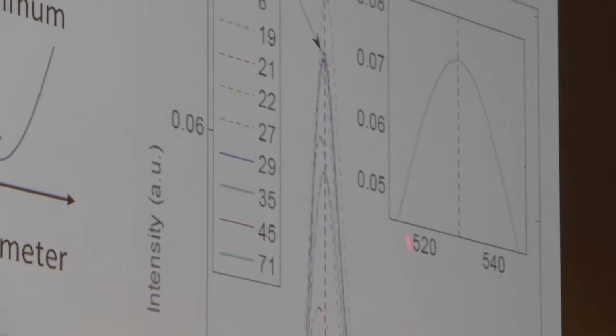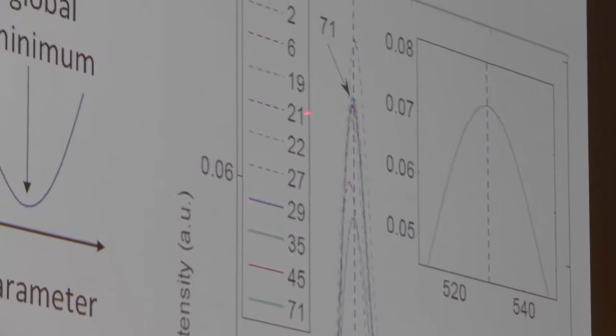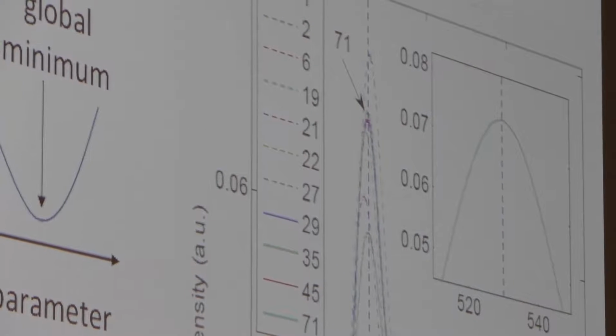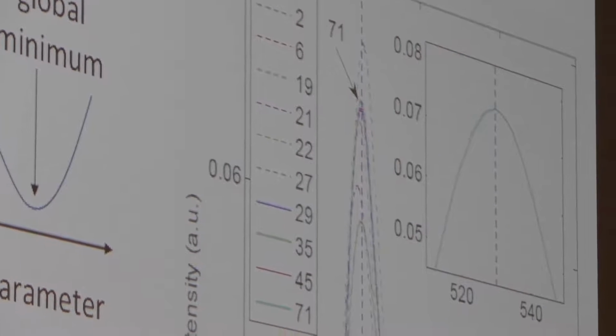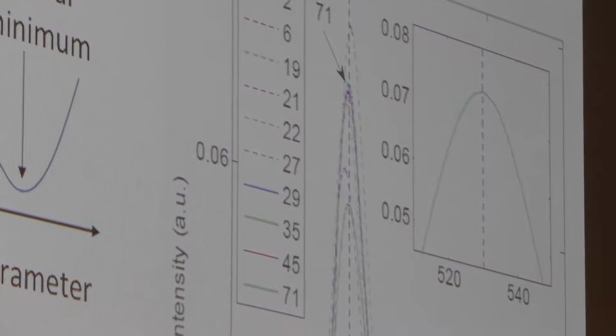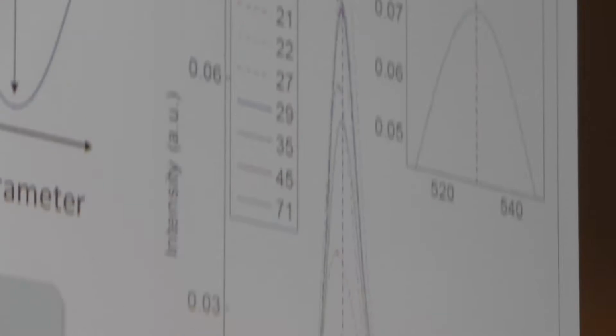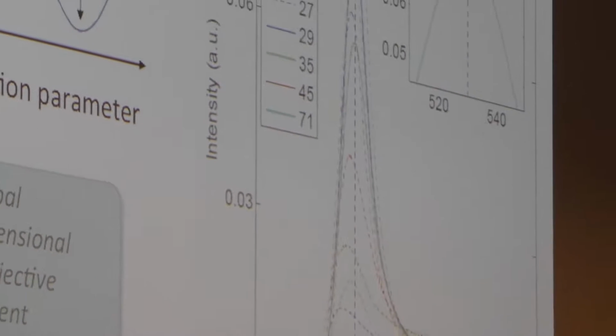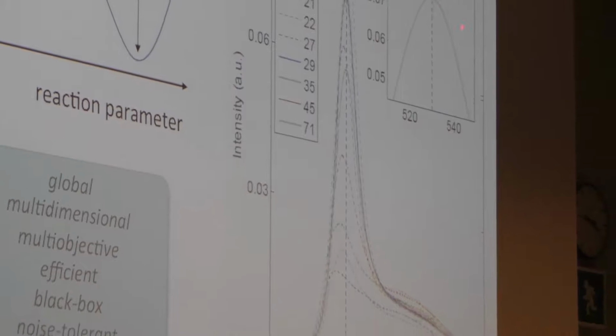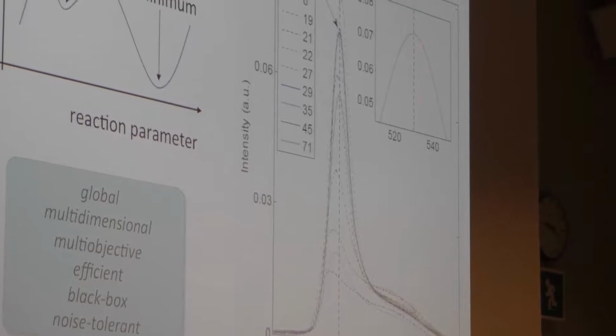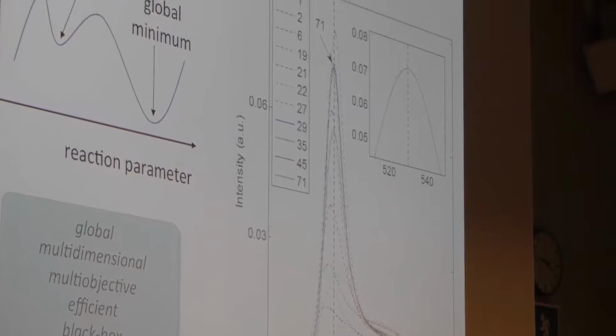And what you can see here, not very clearly I must admit, is that as we go further and further through the search, we're homing in on our target wavelength, but we're also increasing the intensity of the emission. And at the optimum point here, we've exactly focused in on our target wavelength.